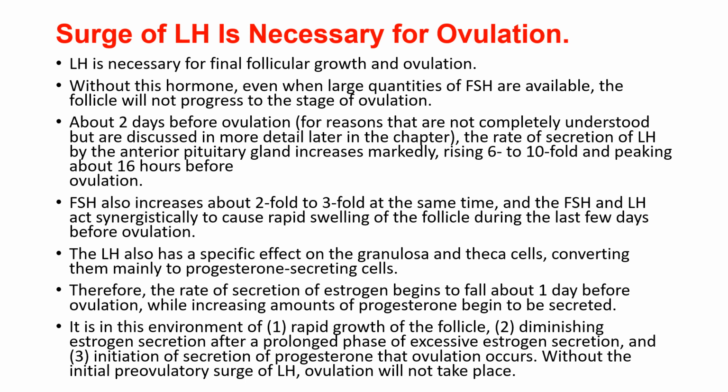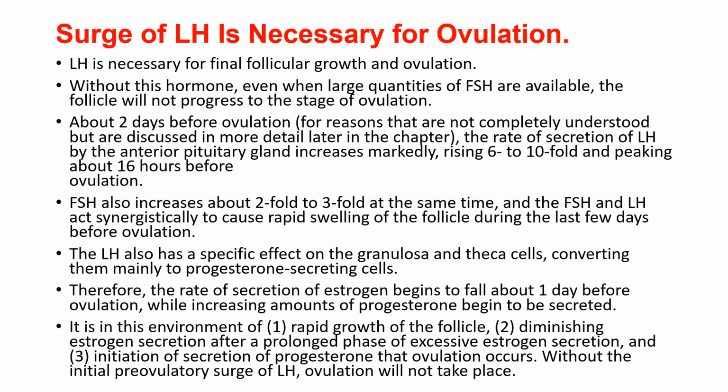FSH also increases about 2-fold to 3-fold at the same time, and the FSH and LH act synergistically to cause rapid swelling of the follicle during the last few days before ovulation. The LH also has a specific effect on the granulosa and theca cells, converting them mainly to progesterone-secreting cells. Therefore, the rate of secretion of estrogen begins to fall about 1 day before ovulation, while increasing amounts of progesterone begin to be secreted.